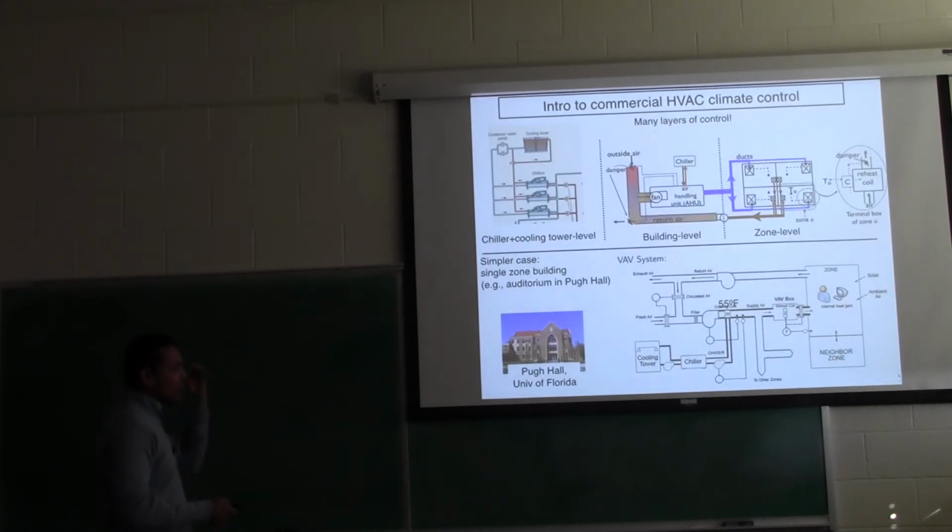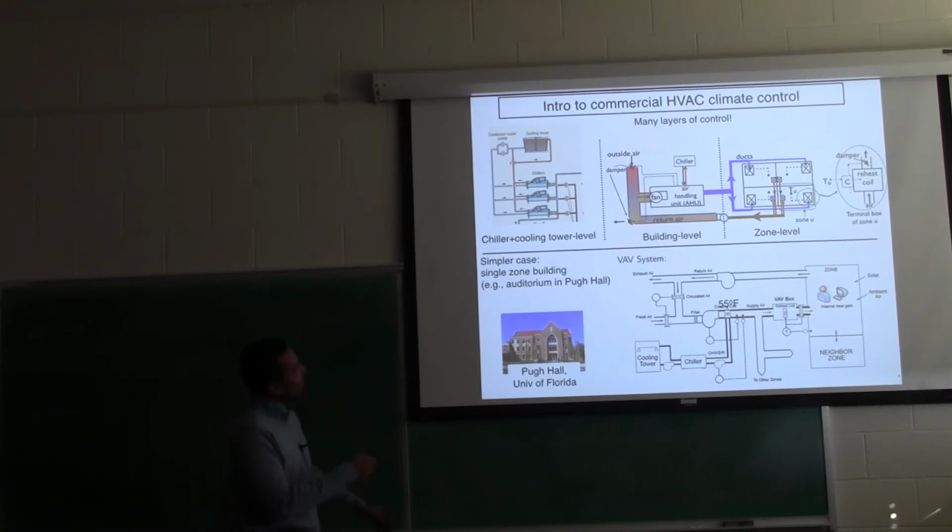All right, so the thing is though, whatever kind of control we do, we have to work with the existing climate control system. And this climate control system, like I said, has many layers of control. There's control happening at the chillers, control happening at these fans and the cooling chilled water supply system, and then there's control happening at what are called VAV boxes.